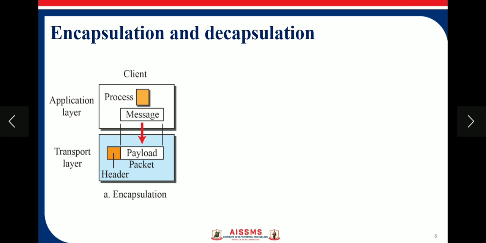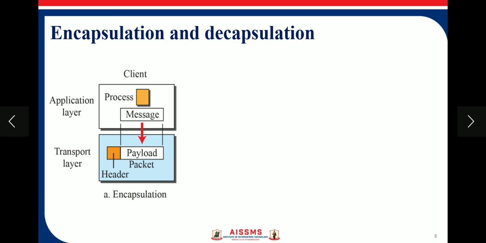To send a message from one process to another process, the transport layer protocol encapsulates and decapsulates the messages. Encapsulation happens at the sender side. When the process has a message to send, it passes the message to the transport layer along with the pair of socket addresses and some other pieces of information which depend on the transport layer protocol.